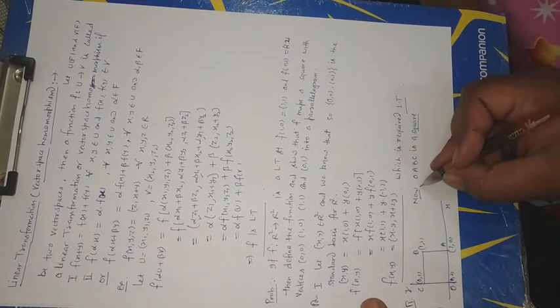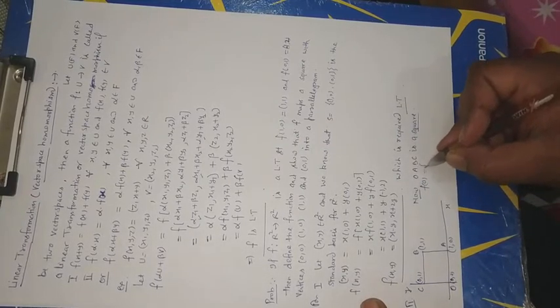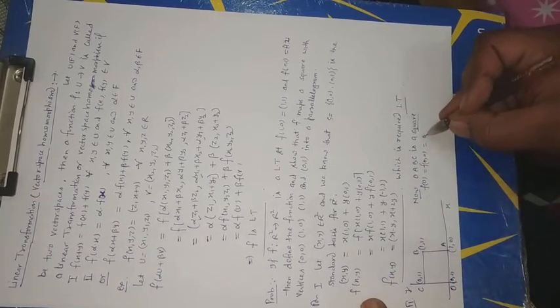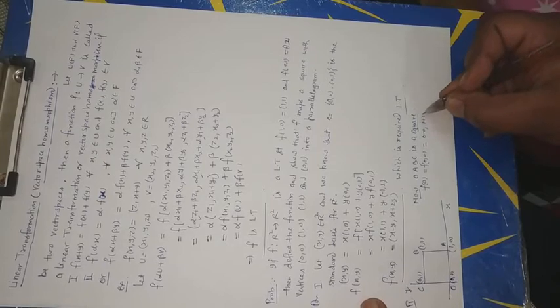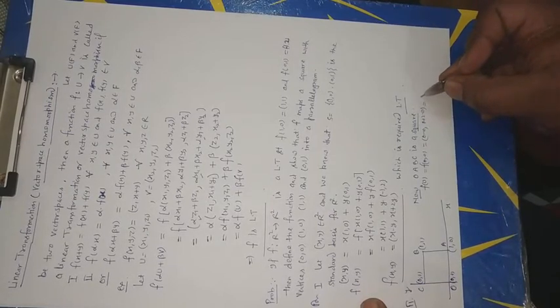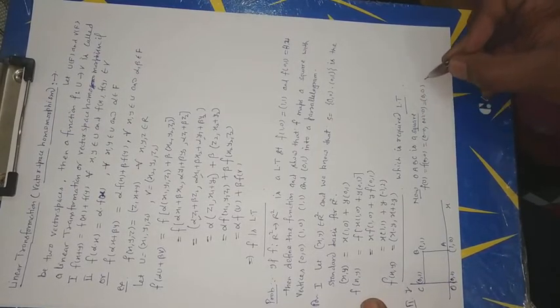Now the mapping of O is (0, 0). After mapping, (0 minus 0, 0 plus 2 times 0) is equal to (0, 0), equivalent to O dash.